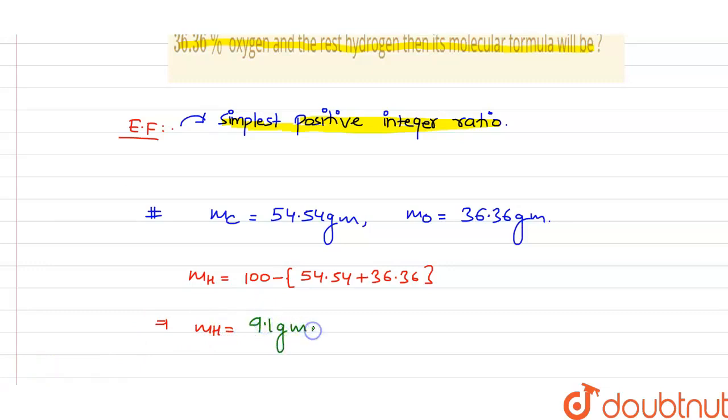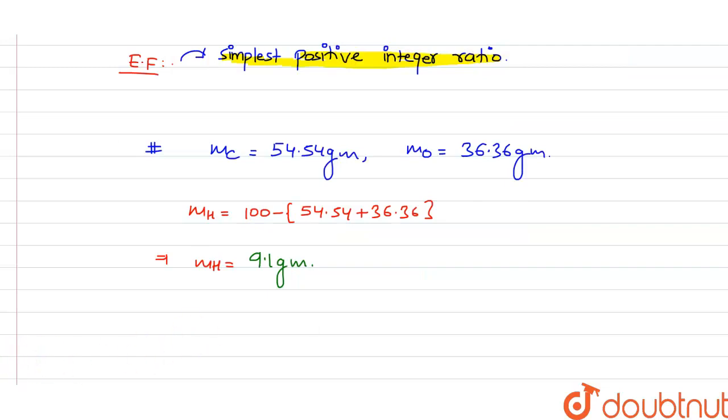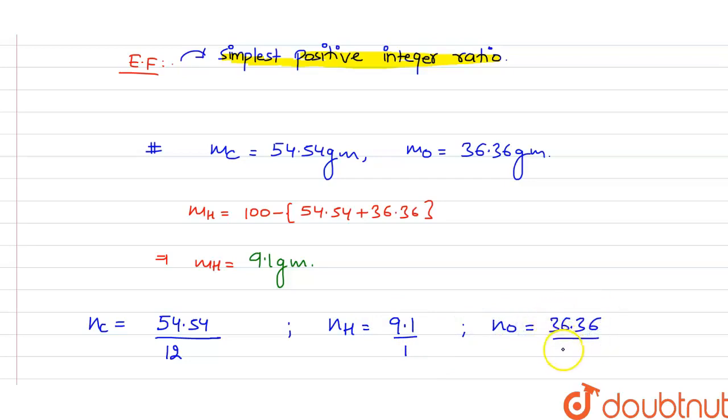So from here we can easily find the number of moles of carbon present in 100 gram of the compound. It will be equal to the given weight, that is 54.54 gram, divided by the atomic mass of carbon, which is 12. Similarly, the number of moles of hydrogen will be 9.1 divided by the atomic mass of hydrogen, that is 1. Similarly, the number of moles of oxygen will be 36.36 divided by the atomic mass of oxygen, 16 gram per mole.